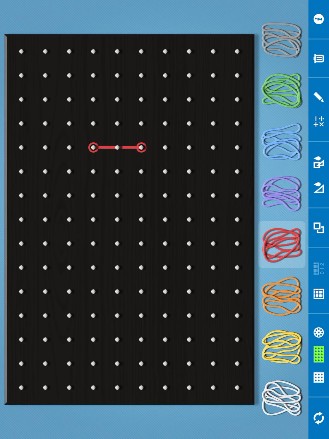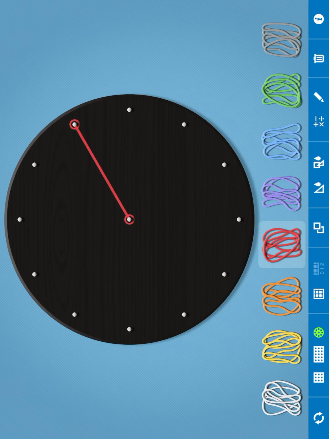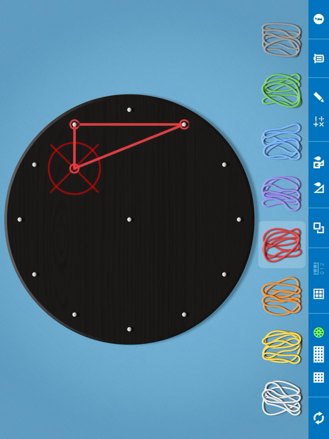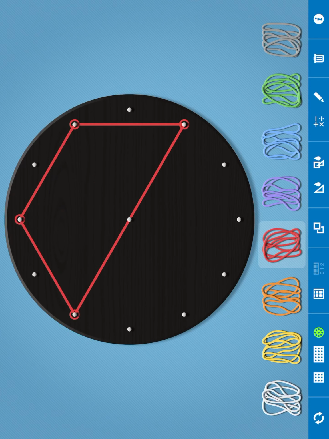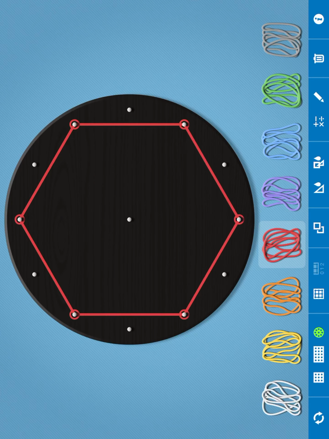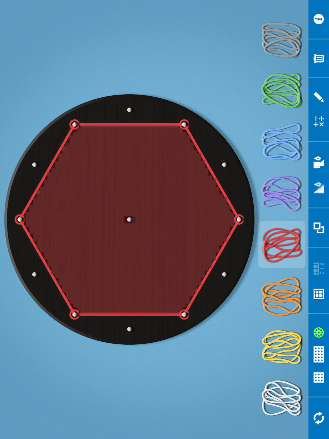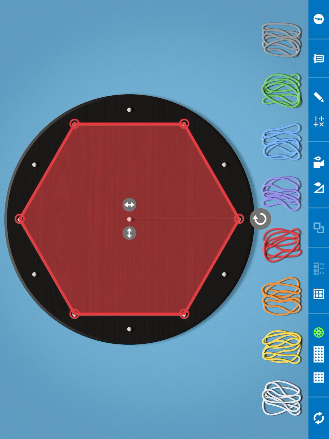Here's my top, there's my side, there's another one. So there's my hexagon. I want to rotate this and see how often it goes back to the original shape, so I'll overlap it again.